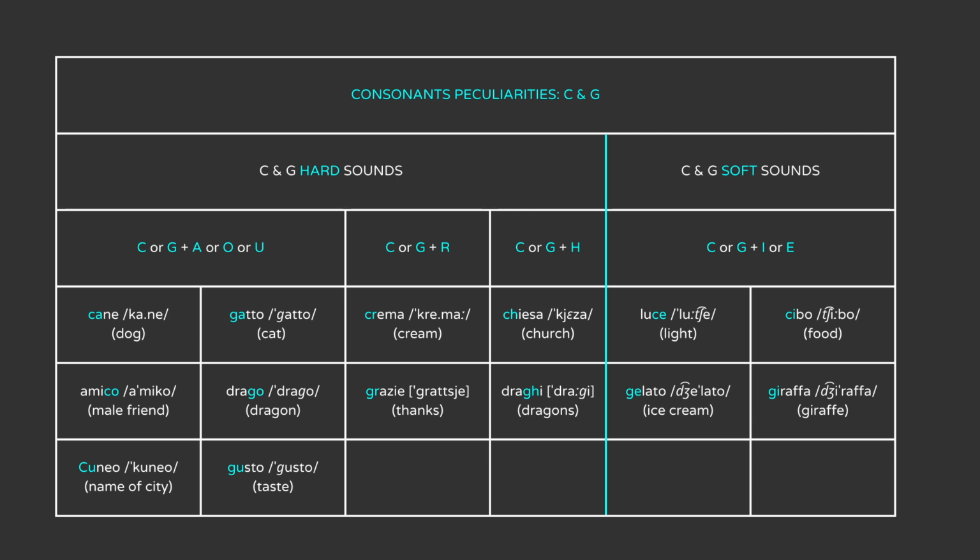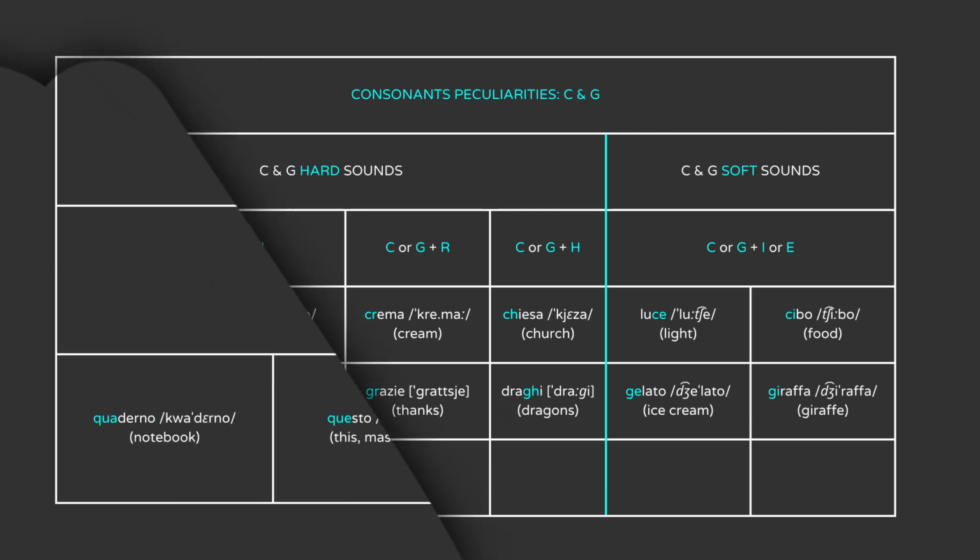When followed by R, for example, crema or grazie. Last, when followed by the silent letter H, for example, chiesa or draghi. On the other hand, they are soft sounds when followed by the E or I. For example, luce, cibo, gelato, or giraffa.